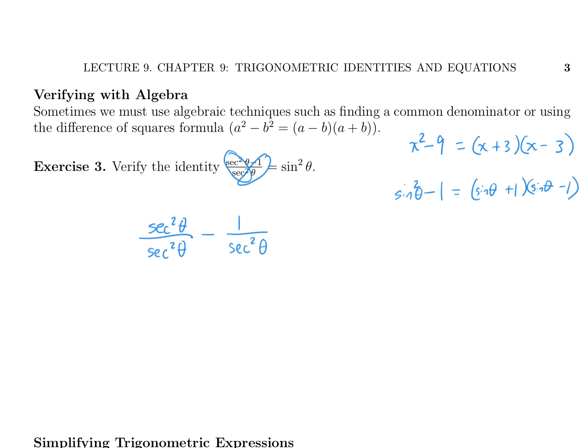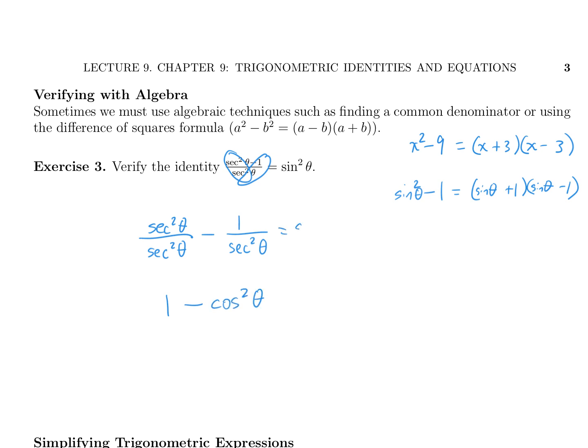You separate the fraction into two fractions, and then you'll see that secant squared divided by secant squared is 1, minus, and if you recall, the definition of 1 over secant is cosine. It's a reciprocal function, so therefore 1 over secant squared must be cosine squared.